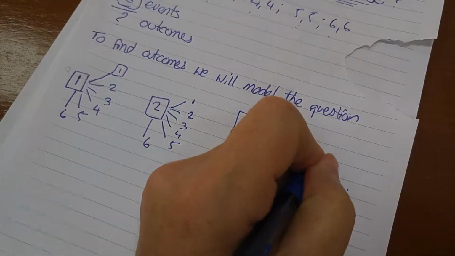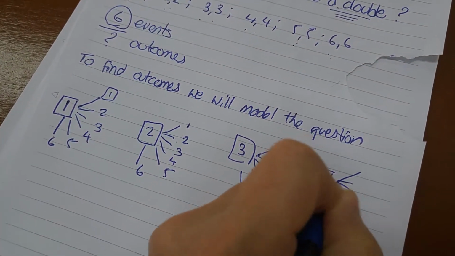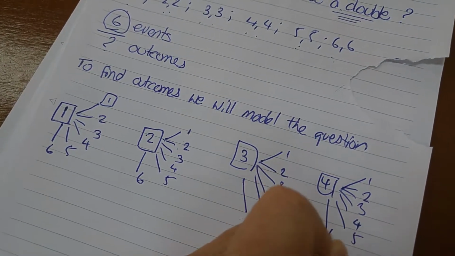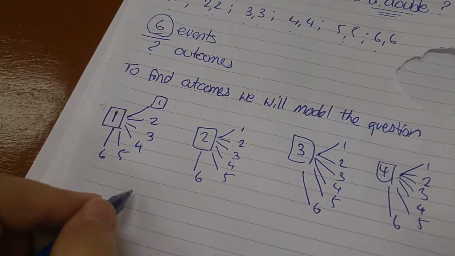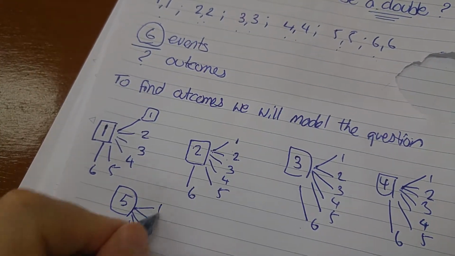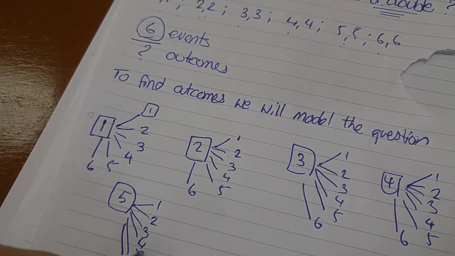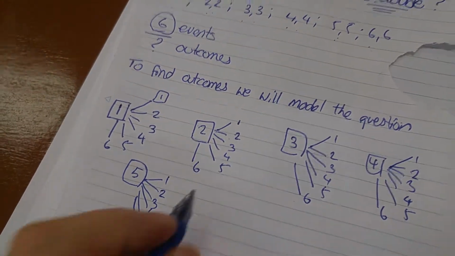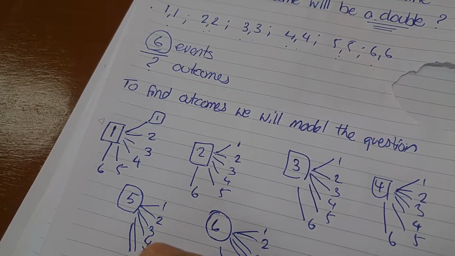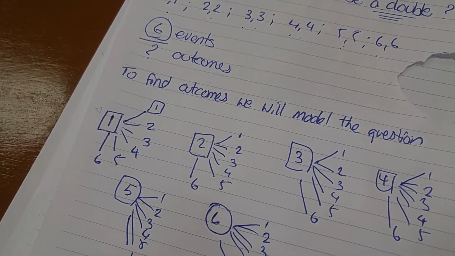We can do a 4, 2, 3, 4, 5, and a 6. If we roll a 5 first, 1, 2, 3, 4, 5, 6 are the possibilities of the other roll. And if we do a 6 first, 3, 4, 5, and 6.